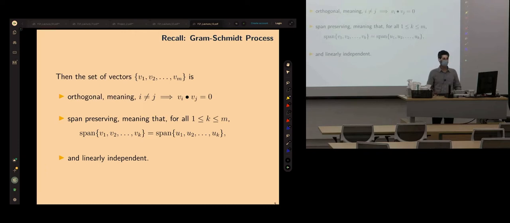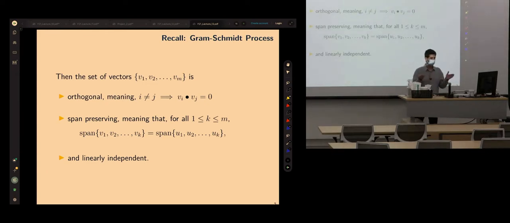The Gram-Schmidt process preserves the span of the set of vectors. It will not change the span. That means the set of new vectors still includes all the linear combinations of the original set of vectors. That's good, because if we changed it, and later we want to solve a linear system, that would be a problem.